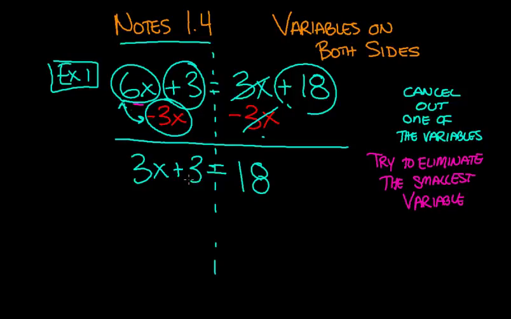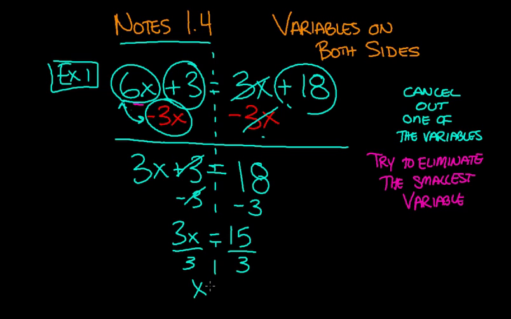I can't put those two together, they're not the same terms. So 3x + 3 = 18. Now I can solve this like a regular equation, minus 3 on each side. So I'm left with 3x = 15, and then the final step, of course, divide by 3, and I'm left with x = 5.